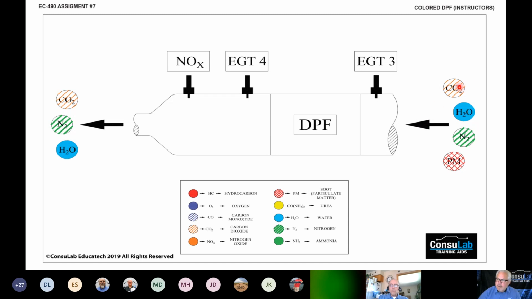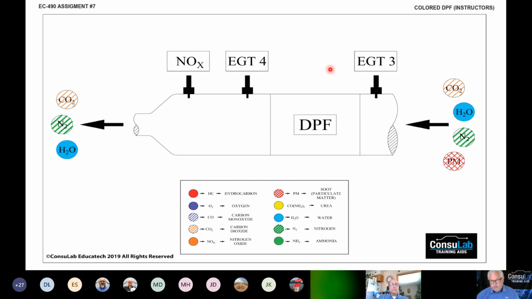And we see that we have these gases to deal with. Okay, so these gases we're good with. Well, you could make the case that they want to get rid of the greenhouse gases, so CO2, but we've got water, nitrogen, and particulate matter that are going to go through the diesel particulate filter.